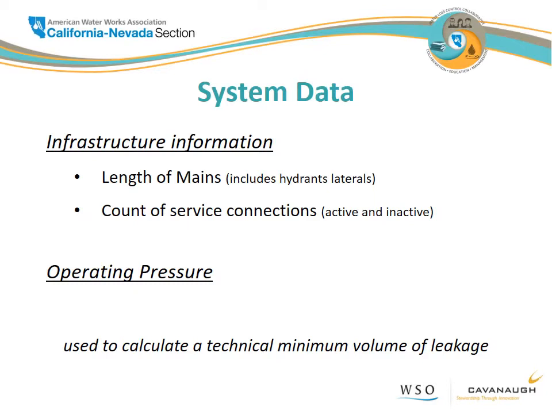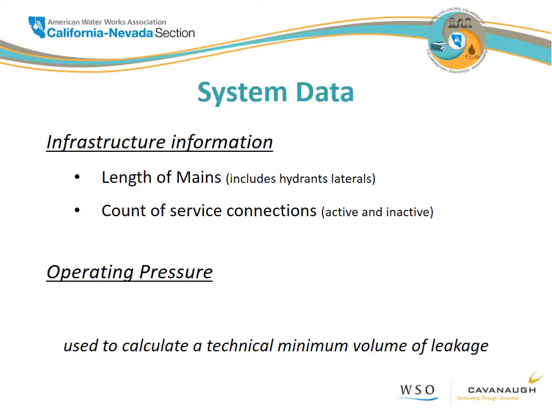Overall operating pressure is intended to reflect a single number to reflect the average operating pressure across the network. So if you have multiple pressure zones, you do need to keep that in mind and take it into account among different zones.